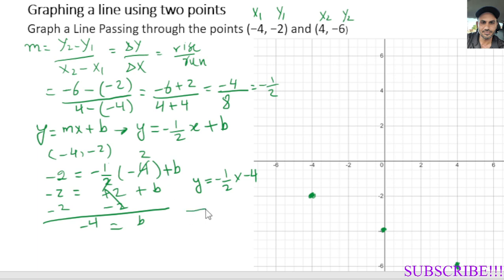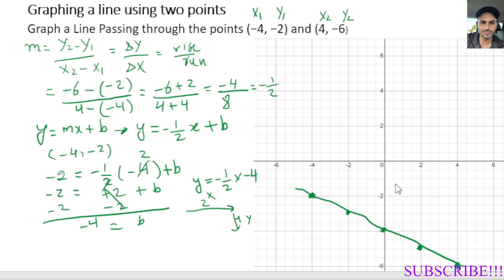You move 2 units in the x direction and -1 unit in the y direction, because it's going down. So we move 2 units here and 1 down, 2 units here, 1 down, 2 units here, 1 down. So here we go. This is basically the graph of the line we have.